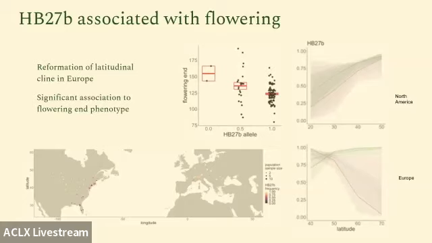But if you go down into Europe and you look, there is, if anything, a decline in the other direction. But as you get closer to modern time, this cline has almost perfectly reformed. And for something that's associated with flowering time, to see that cline reform is quite consistent with the idea of an invasive species arriving in a new habitat, being maladapted, and then having a cline reform.